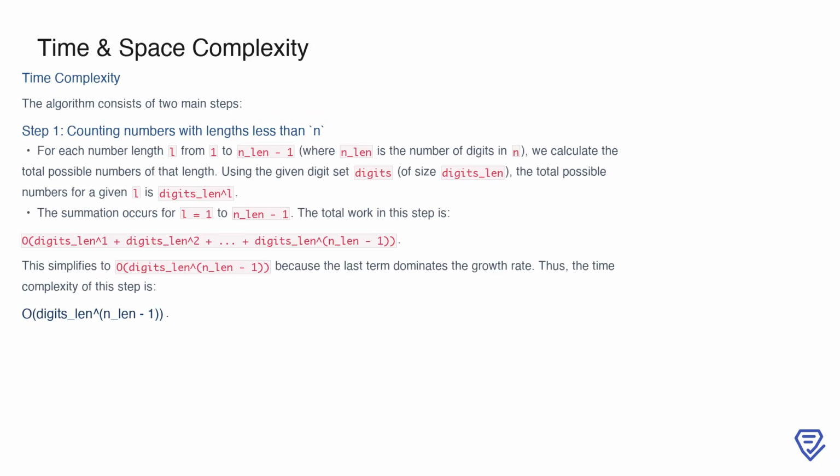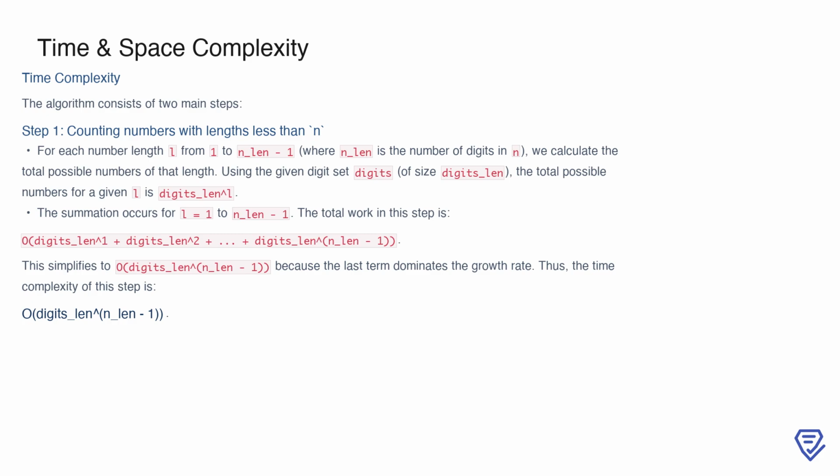To analyze the time complexity of our algorithm, let's break it into two main steps. The first step involves counting numbers that have lengths less than the length of the target number, n. For each possible length, from 1 to n_len - 1, we calculate the total number of numbers that can be formed using the given digit set. If the digit set contains digits_len digits, the total combinations for a number of length L are digits_len^L.